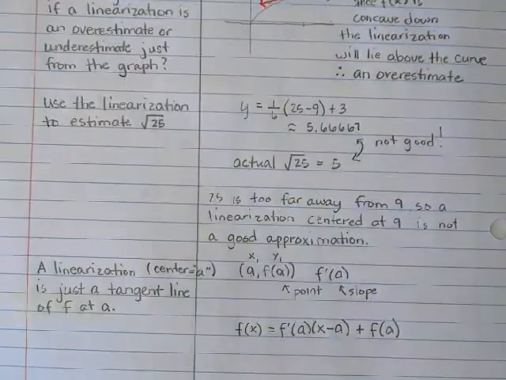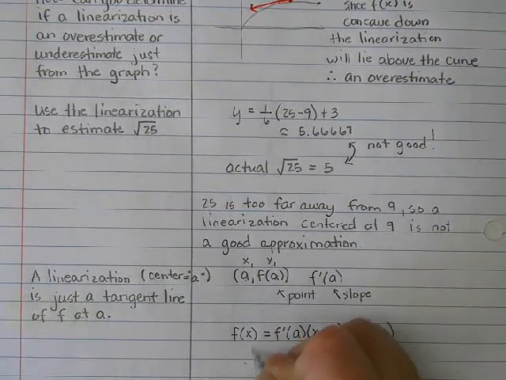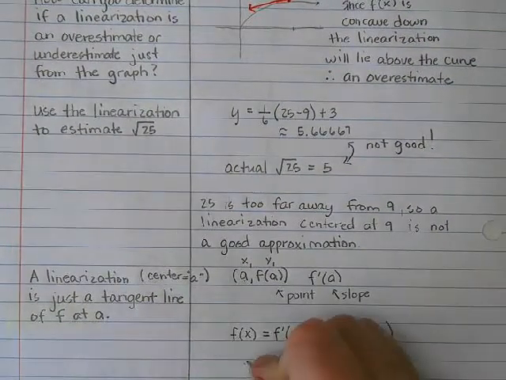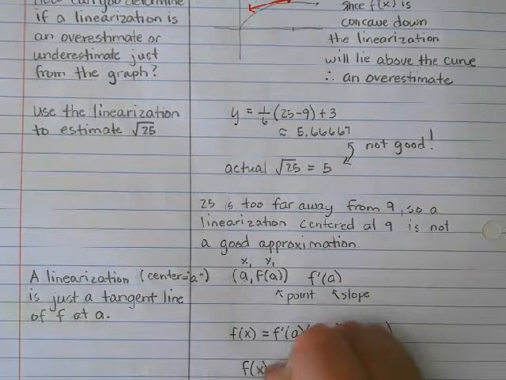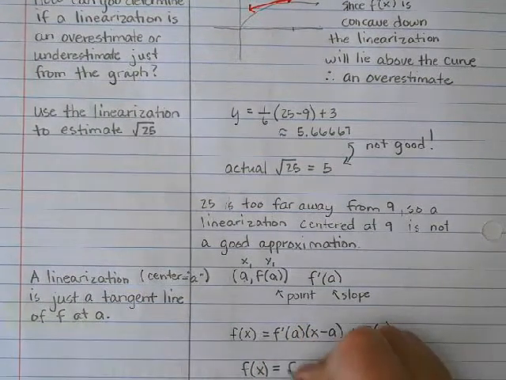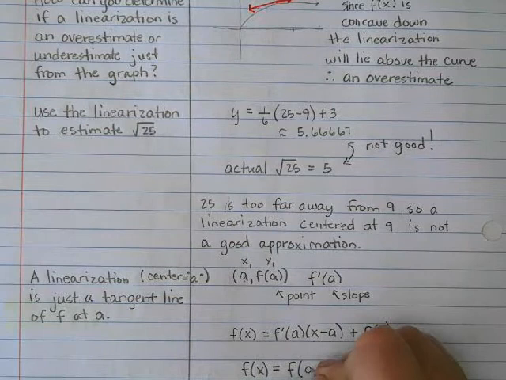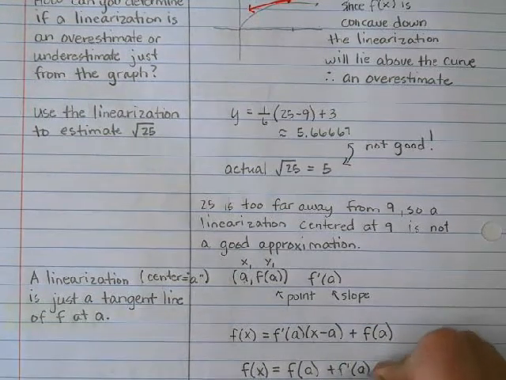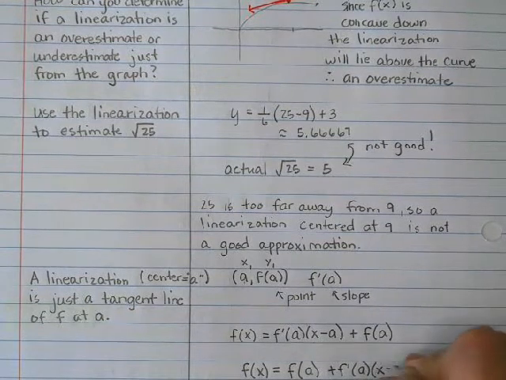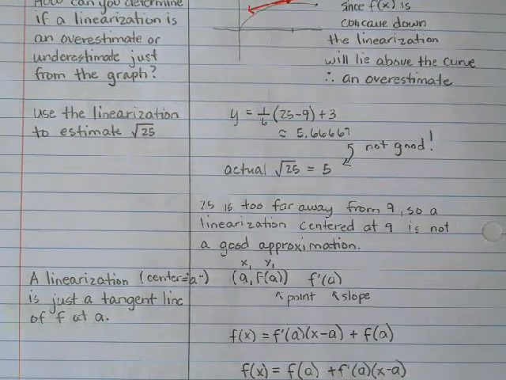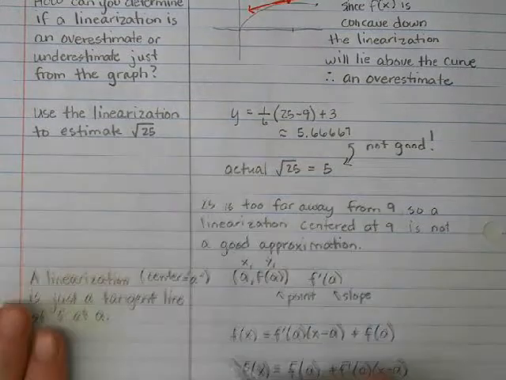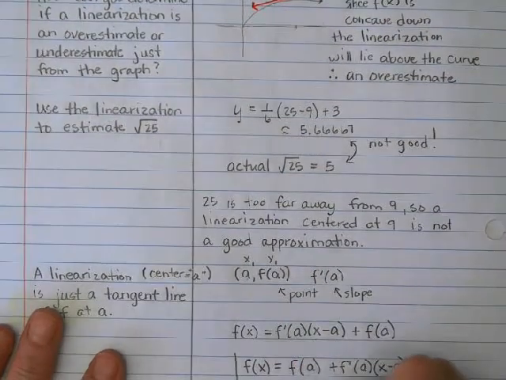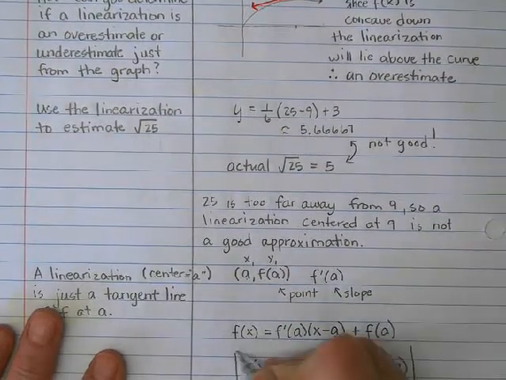Now, that's the way that we've been writing them, and it's the way that I prefer to do it. But I believe that your book then turns around and says, you know what, I think I would like to write it like this. And they just move that to the front. I don't know why. So you're going to see that formula.